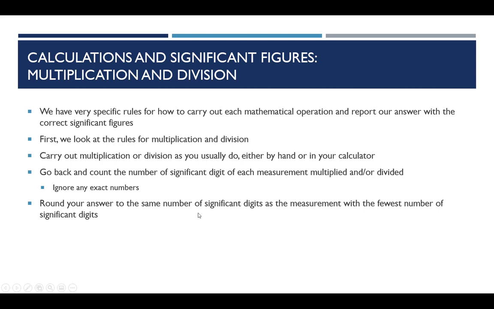And then round your answer to the same number of significant digits as the measurement which had the fewest number of significant digits. So let me say that again. You count the number of significant digits of each measurement that you multiplied or divided. So let's say one of the numbers has 2 significant digits, another has 3 significant digits. 2 is the smaller number, and so you would round your answer to 2 significant digits.